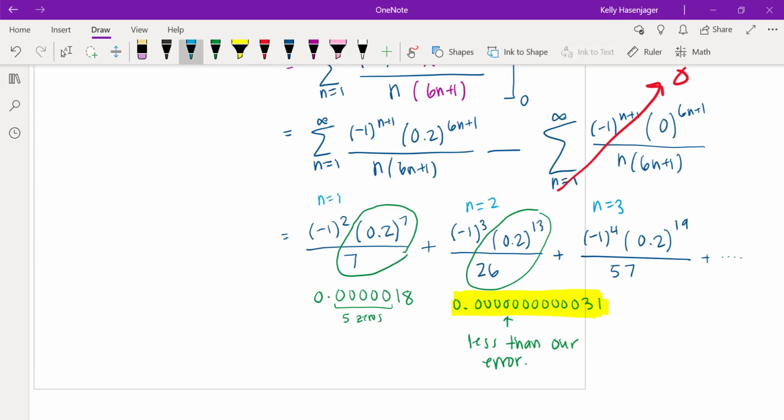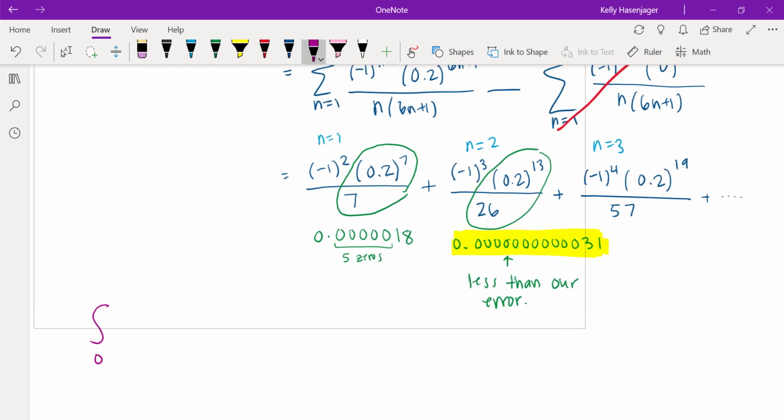So, since we're estimating this within 6 decimal places and we only need the first term, we can conclude our answer. We would say our integral, which is 0 to 0.2 of ln of 1 plus x to the 6th dx, is approximately 0.2 to the 7th power, because that -1 squared is just 1.